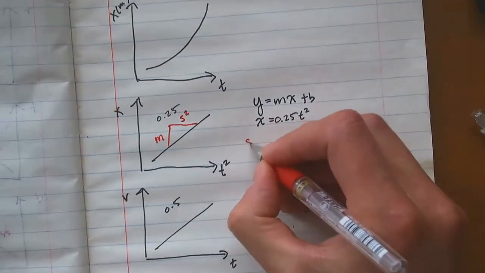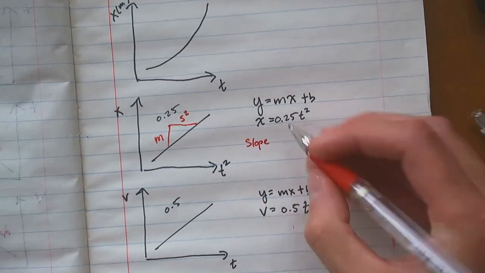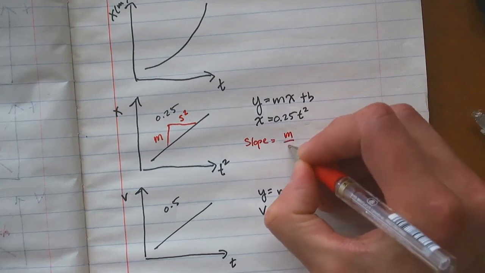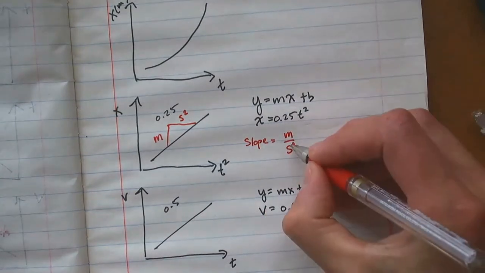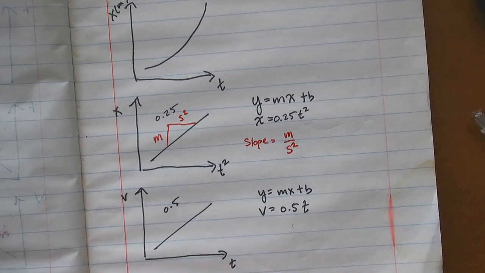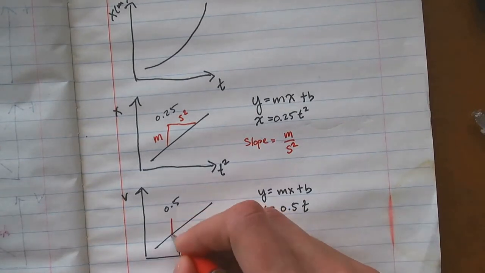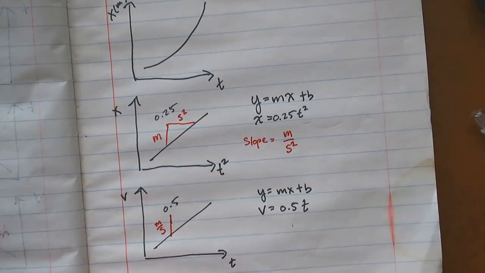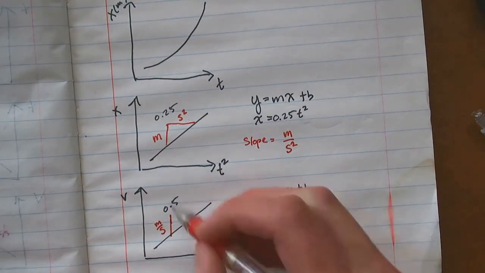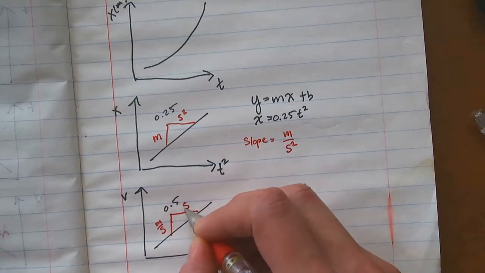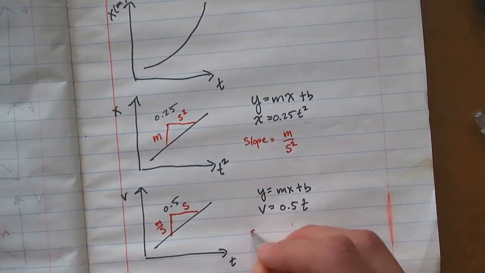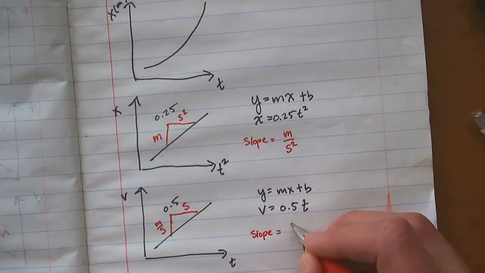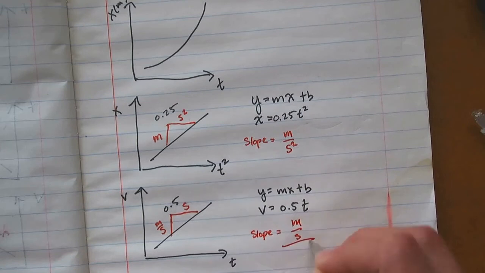So my slope is going to be meters per second squared. Okay, so those are going to be my units of the slope. Here, the rise is going to be meters per second because it's velocity, over run, which is seconds. So the slope is going to have units of meters per second per second.